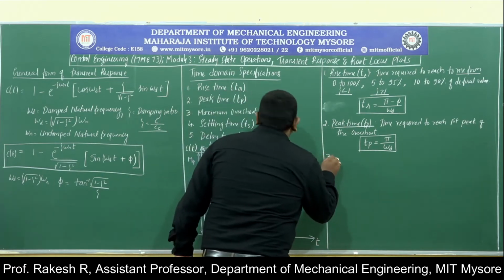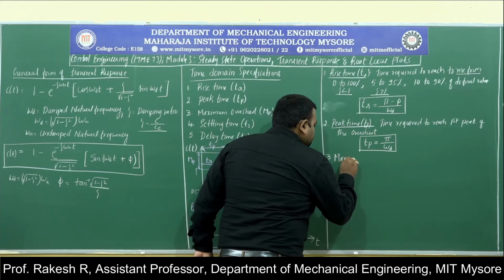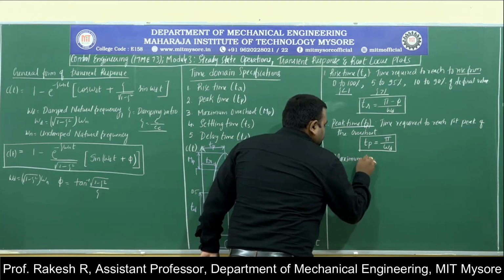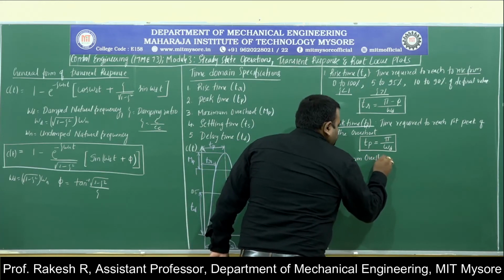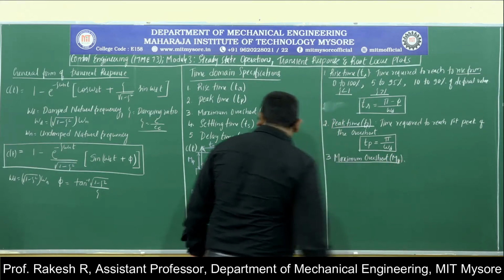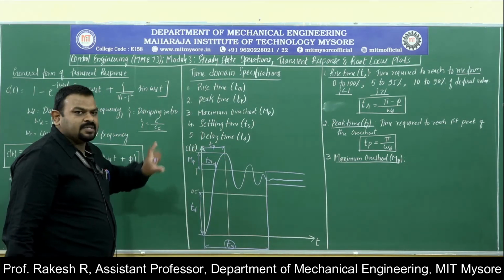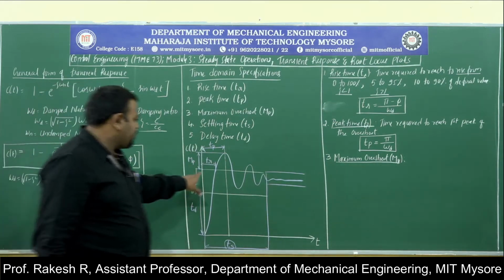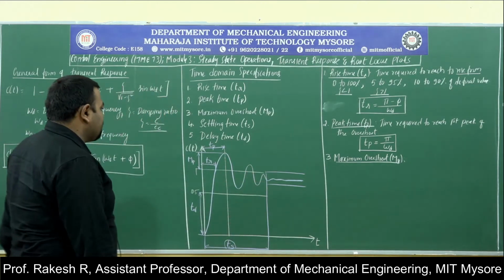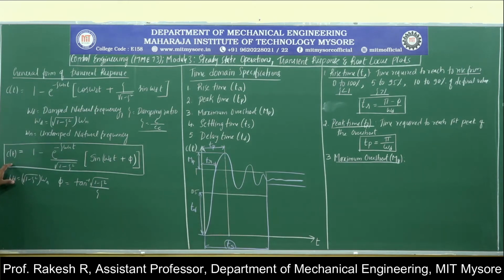Next, number 3, it is maximum overshoot. This is denoted by MP. As the name itself indicates, maximum overshoot is with reference to the maximum. The oscillation reference position we will take is generally C of t.